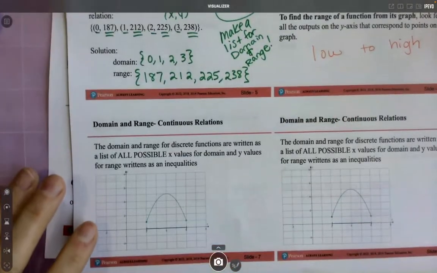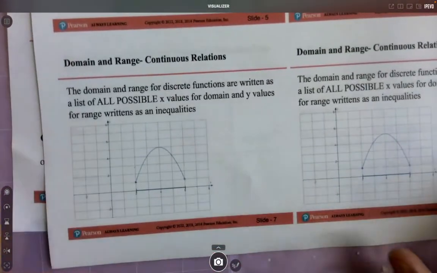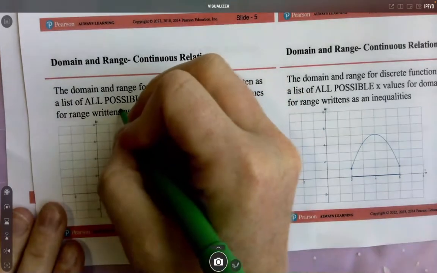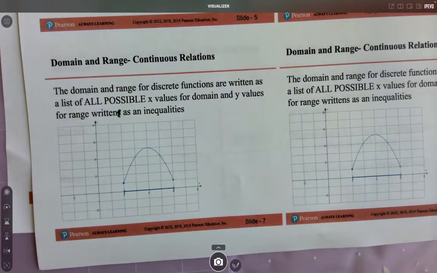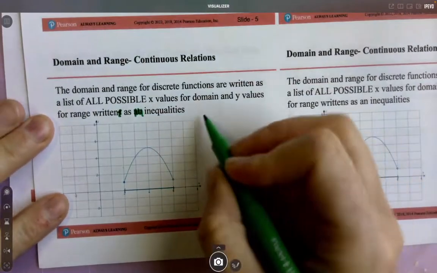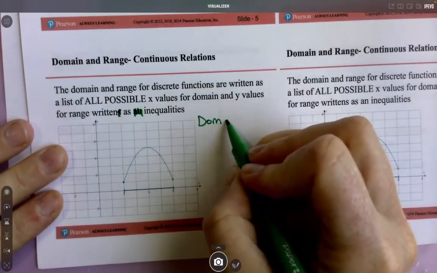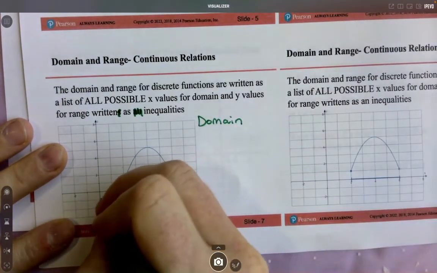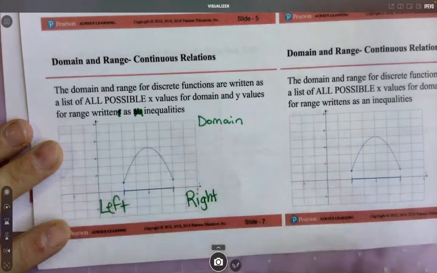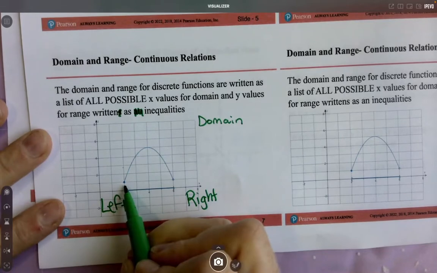So I'm going to show you what that looks like. Domain and range for continuous functions are written as all possible x values for domain and y values for range, written as inequalities. Sorry, a couple of typos there. All right, so our domain is going to be left to right. What we're looking for is how far left and how far right. So this is left.